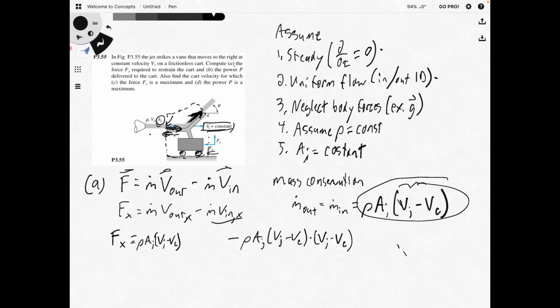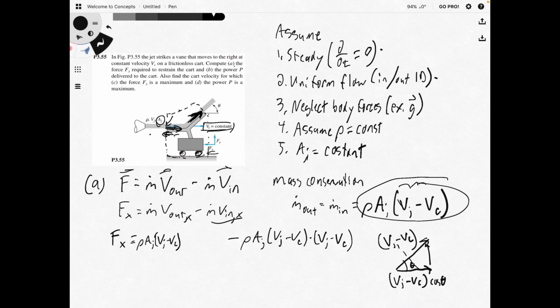So if we look here at this control surface, we have velocity in our moving reference frame, Vj minus Vc. And now what we're looking for is the x component of this Vj minus Vc, and that's simply going to be Vj minus Vc times cosine theta.